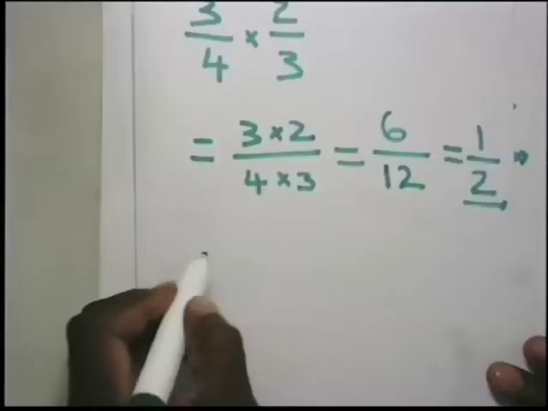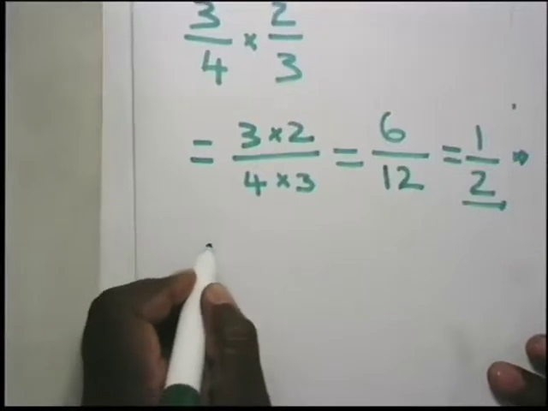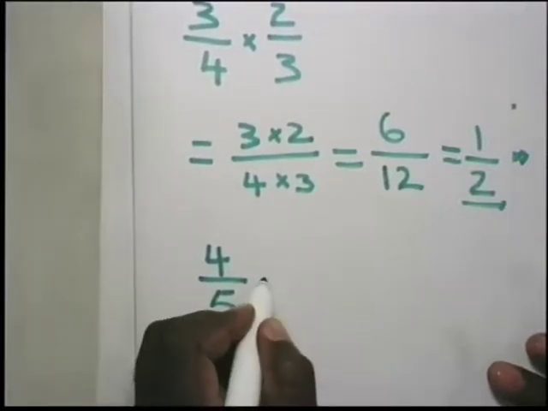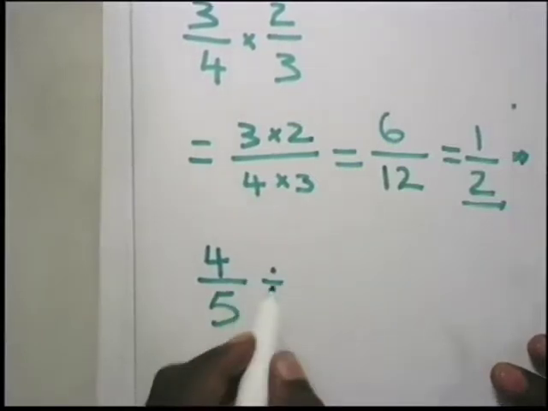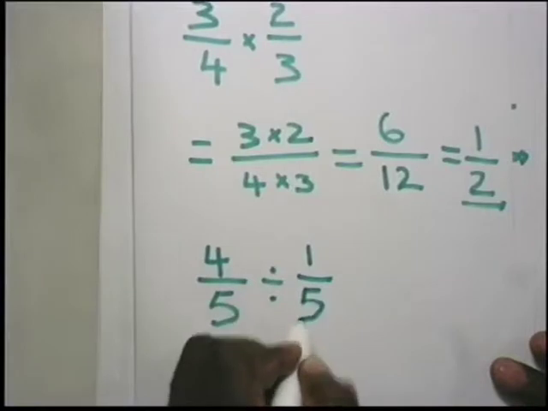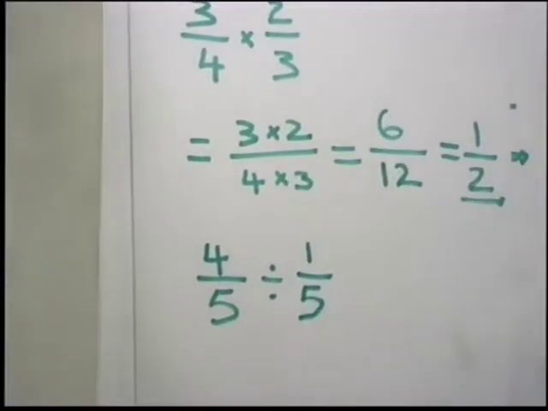Okay. Now that was multiplication. Now we look at division of fractions. Suppose we have 4 over 5 divided by 1 over 5. Division of fractions. Now when we are dividing fractions, it's part of the slides in terms of the rules.